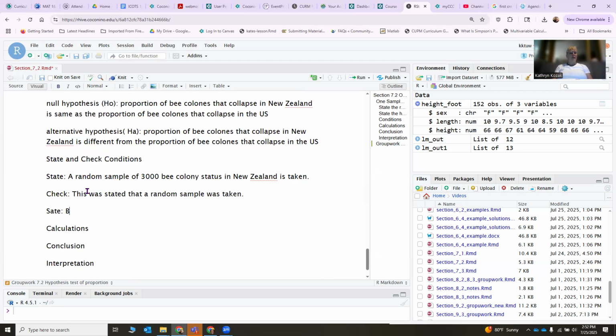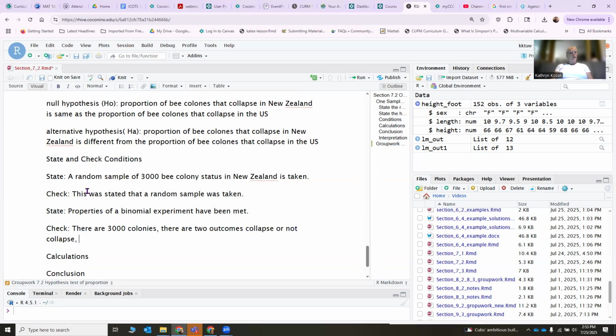Now we're going to state the next one, and that is that the properties of a binomial experiment have been met. That's our stating, and then we'll check it. The check is that there are 3,000 colonies, so it's a fixed number. There are two outcomes, since they can either collapse or not collapse. The next one is that they're independent.